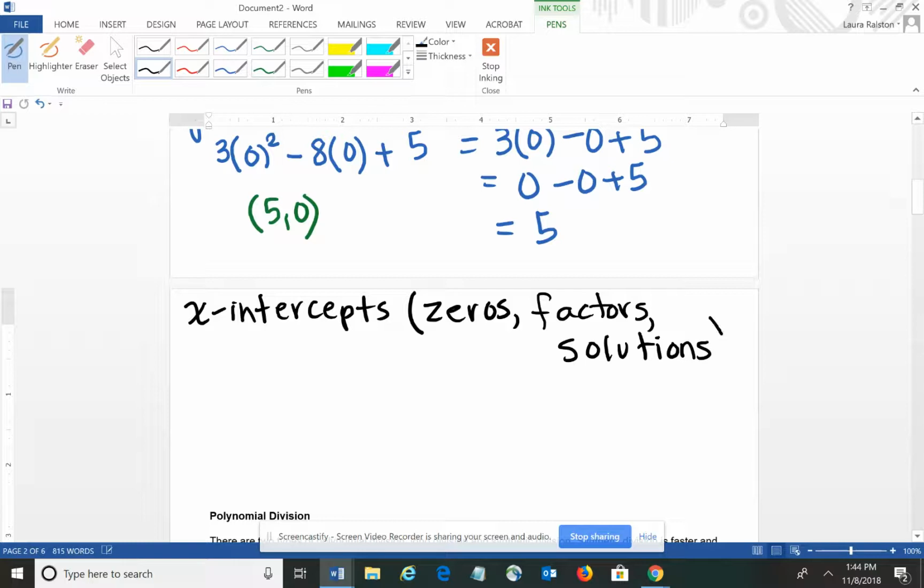So those words are synonymous in algebra, and they all mean the same thing. To find the x-intercept, we let y, or our f of x, equal 0, and we solve for x.